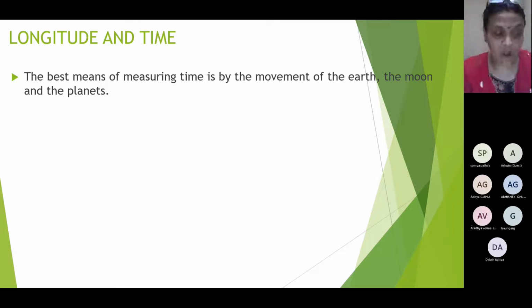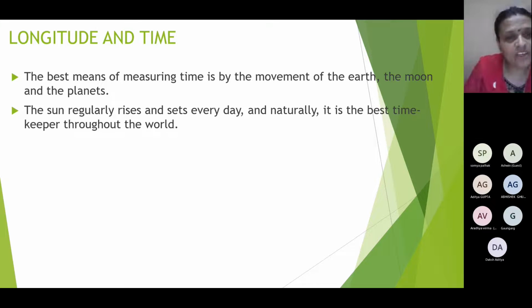How did our ancestors see and watch the time correctly? They used to guess the time correctly. How? By the movements of the Earth, Moon, and the planets. They used to see the stars. They used to see how the sun rays fall on the ground, how the shadow is made. So measuring time was totally based on the movement of the sun, Earth, Moon, and planets.